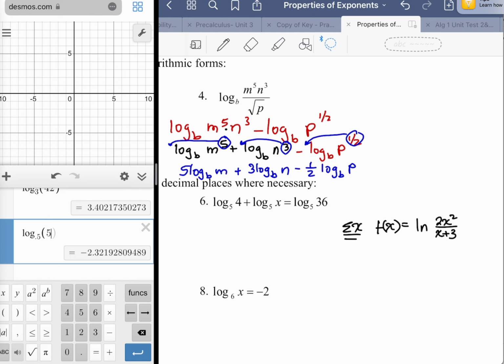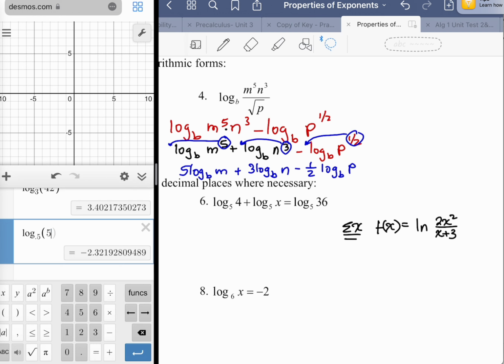If it's a simple function within the log, then it's going to be an easy process. If it's a really complicated function within the logarithm, then it's going to be a disaster. All right? So fortunately, we have rules for logs that allow us to take something really complicated and make it much nicer.